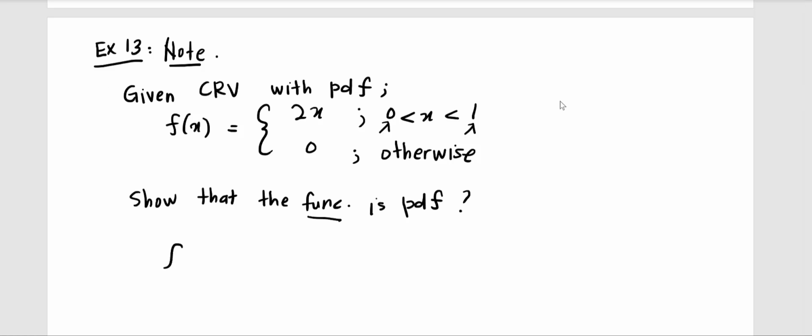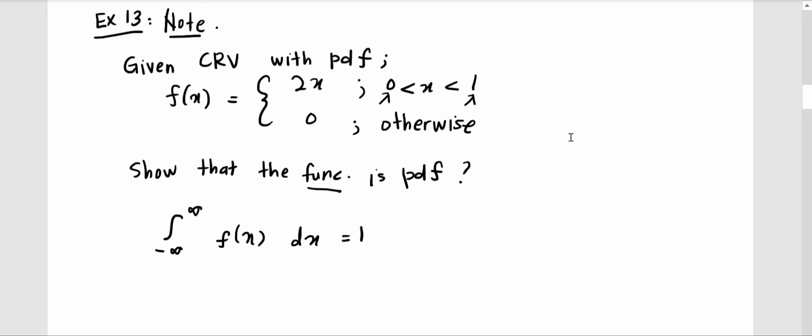So that means the integral from negative infinity to infinity of f(x) dx becomes the integral from 0 to 1, and it must be equal to 1. Our f(x) is equal to 2x.